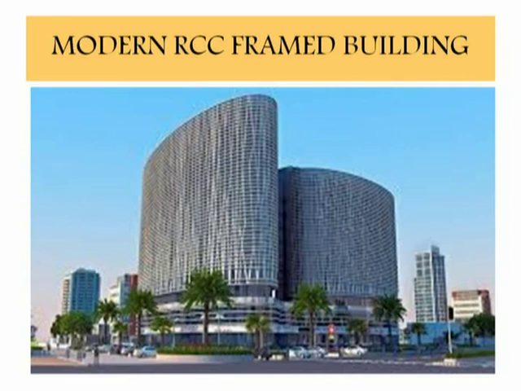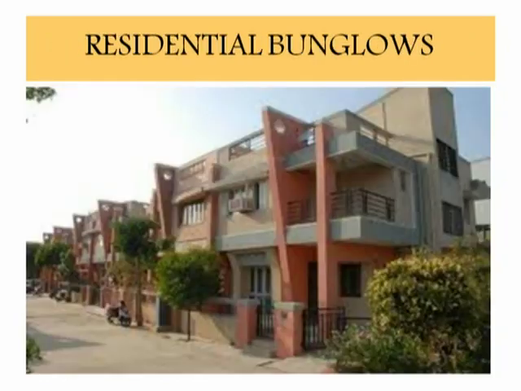Many different types of buildings are there. This is a picture of a residential bungalow. Here you see a ground plus one story residential bungalow. This is a building for the purpose of dwelling, for the purpose of habitation.